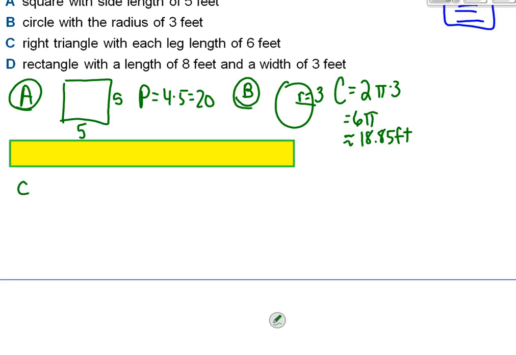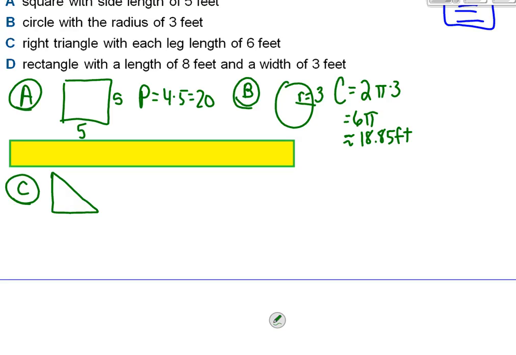Now, letter C is a right triangle with each leg of 6 feet. So this one you had to remember something. If you look at your 11th grade formula sheet that's in the front of your notebook, you'll see the Pythagorean theorem there, a squared plus b squared equals c squared.